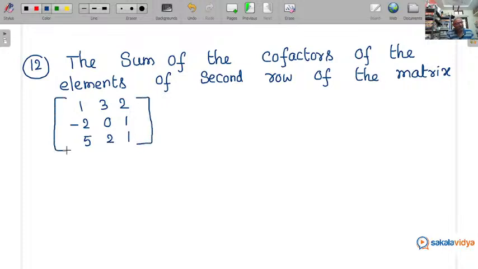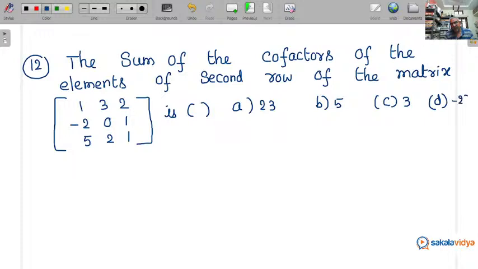Right, this is the matrix. Is option A 23, option B 5, option C 3, option D minus 23.